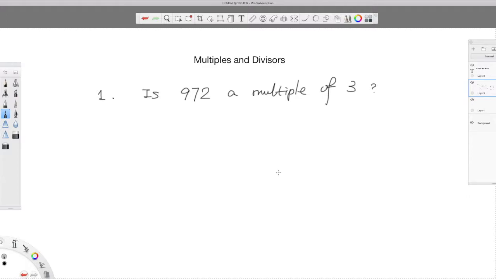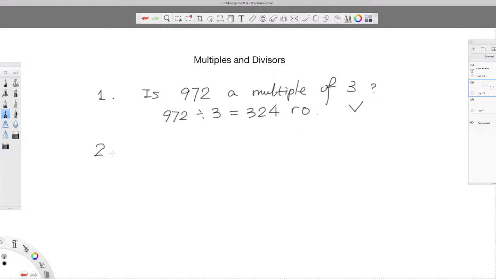For this problem it's extremely simple, and I'm sure some of you already know the trick of checking whether a number is a multiple of 3 or not. But let's first use the definition of a multiple. It's a multiple of 3 if and only if, when I divide it, the remainder is 0. Let's divide it: it should be 3, 2, 4, and the remainder 0. Okay, so it is a multiple of 3.